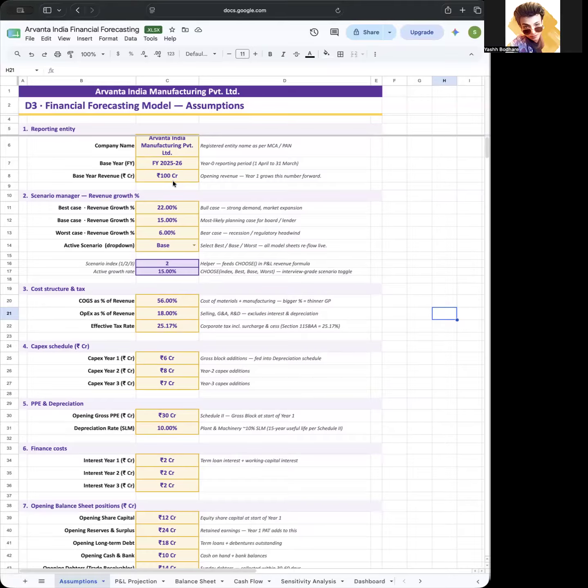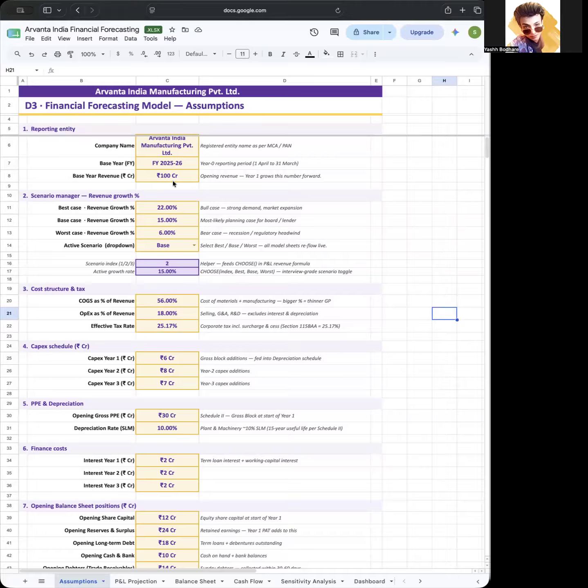The first forecast year is calculated by applying the selected revenue growth rate to this base revenue. For example, under the base case growth rate of 15%, year 1 revenue is calculated as 100 crores into 1.15, that is 115 crores. Following years then grow from the preceding year. Choosing 100 crores also makes the model easy to understand because every percentage change can be clearly connected to the resulting revenue.